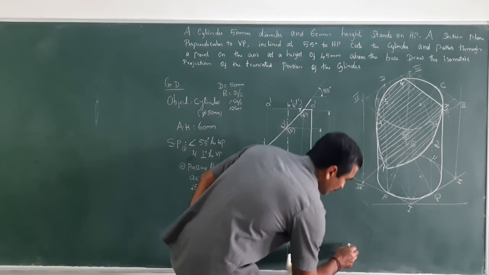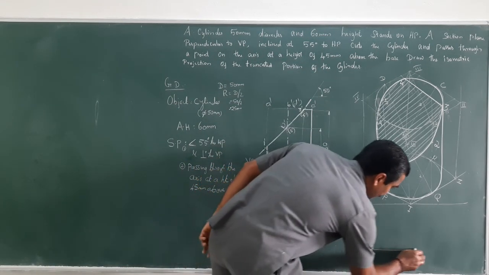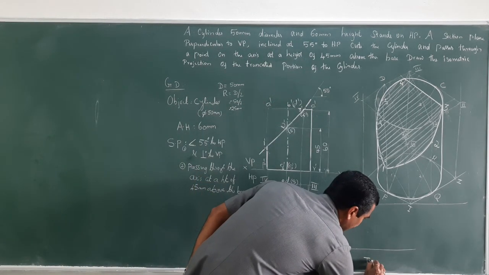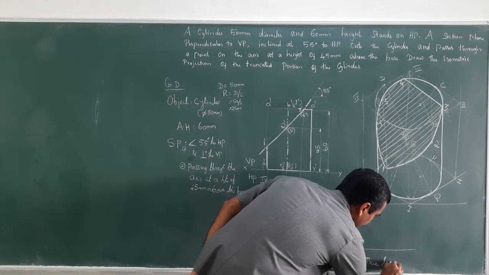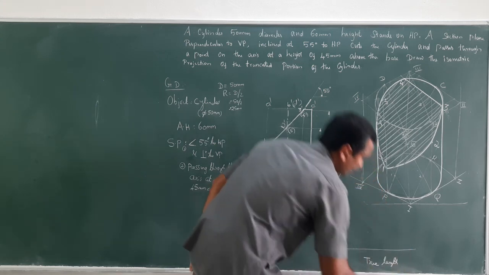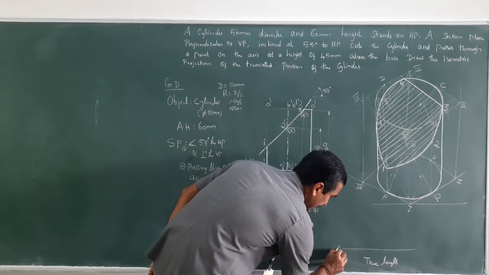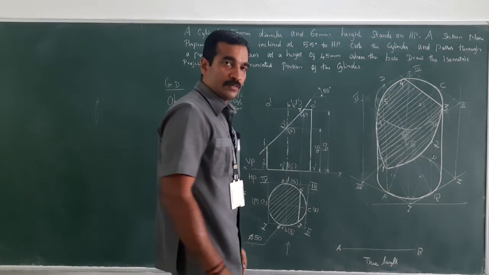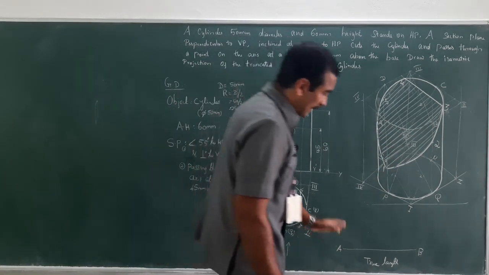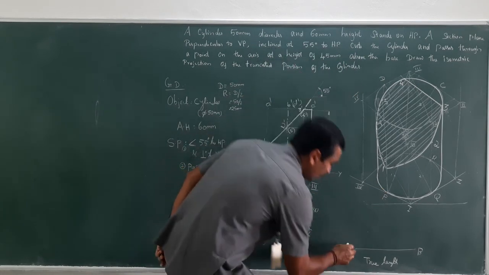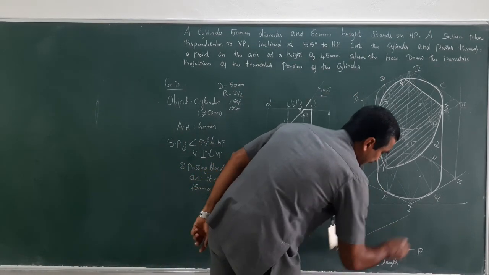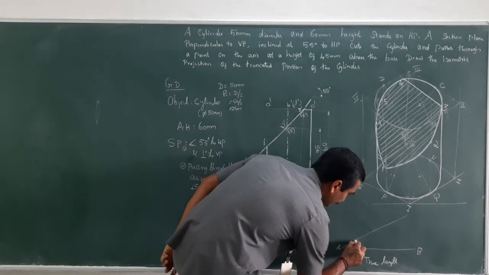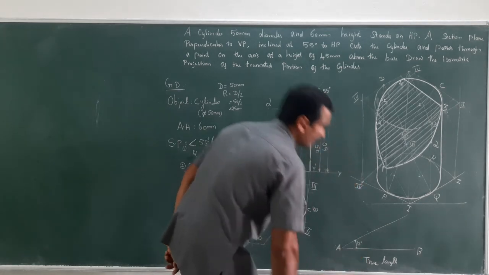For this, draw a horizontal line, which is nothing but the true length or actual length. Let me name these two extremes A and B. Now, draw a line inclined to A at an angle of 15 degrees.